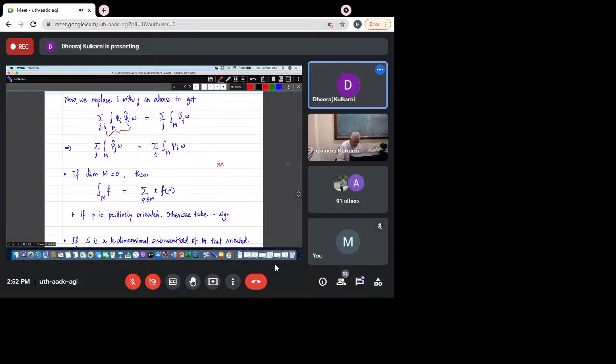For that, you will have to assume that the n form is positively oriented. Otherwise you get a signed measure. So the manifold is oriented, you take the positive orientation, and you take this n form to be positively oriented.